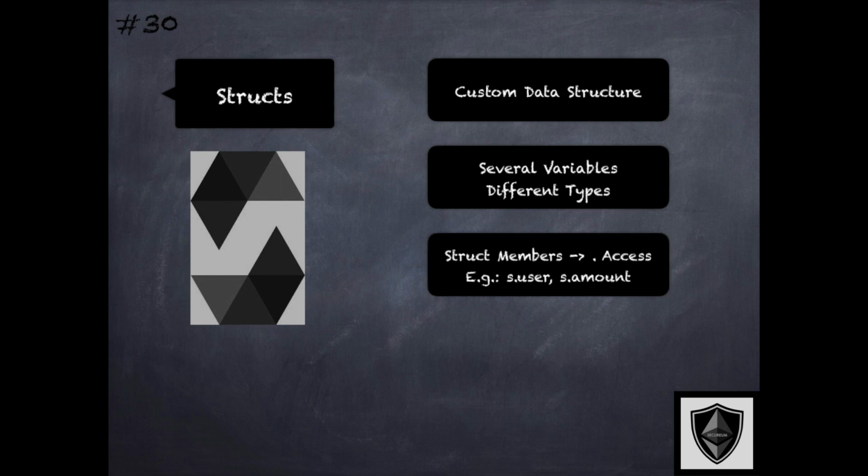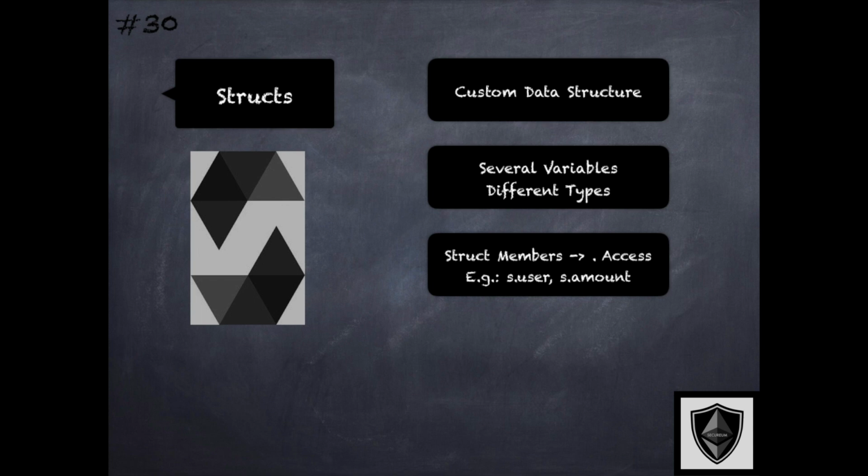The various members of the structs are accessed using the dot syntax. So if a particular struct, say S, has 2 members, let's say user and amount, then wherever we want to refer to the user component of the struct, we refer to it as s.user, and the amount is referred to by s.amount.